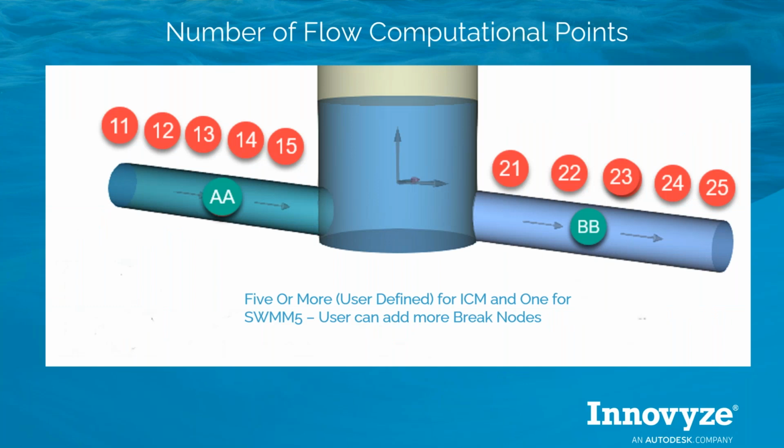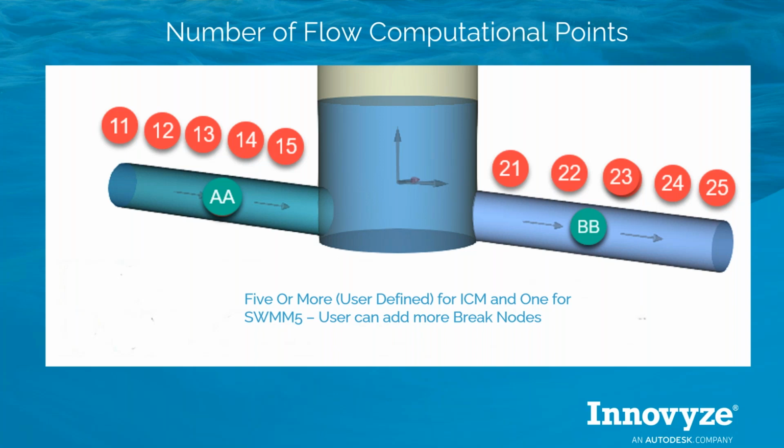Another big difference is that there are more computational points in ICM networks than in SWMM networks. In SWMM, there's only one flow in the middle; you get upstream and downstream. In ICM networks, you have up to 5 or more computational points. What that means is that when you graph a SWMM network or SWMM5 model result, you're looking at the middle of the pipe.